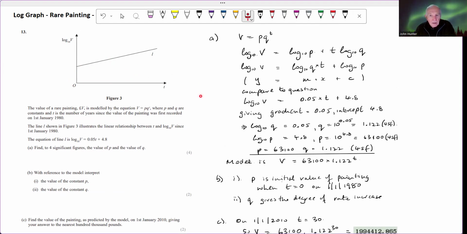And there are a few other variations. We might actually be given some information purely in relation to this. We might be given the starting value, the initial value of the painting anyway, and not have to deduce it from the intercept. So there's sort of various different flavors of these, but this is a fairly typical vanilla kind of log graph question.